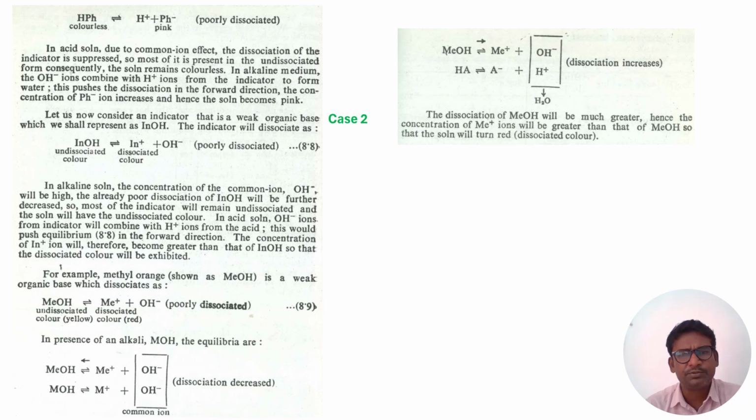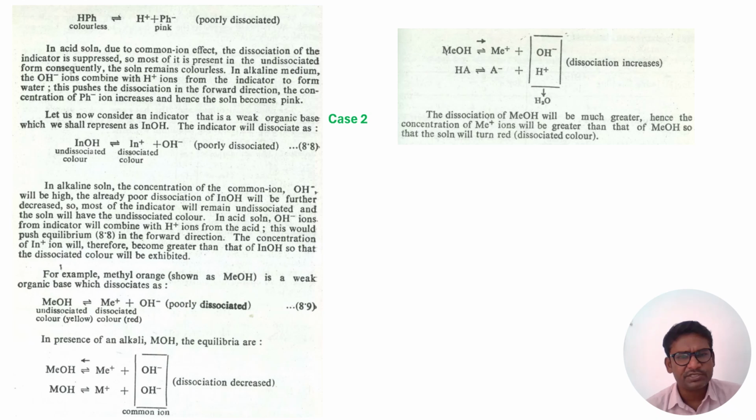Whereas in case 2, we are going to take a weak organic base. The indicator will dissociate as follows. This is an indicator which has OH- ion, which is the undissociated form. The dissociated form will give indicator ion plus OH- ion. This is also a weak basic indicator, so poorly dissociated.